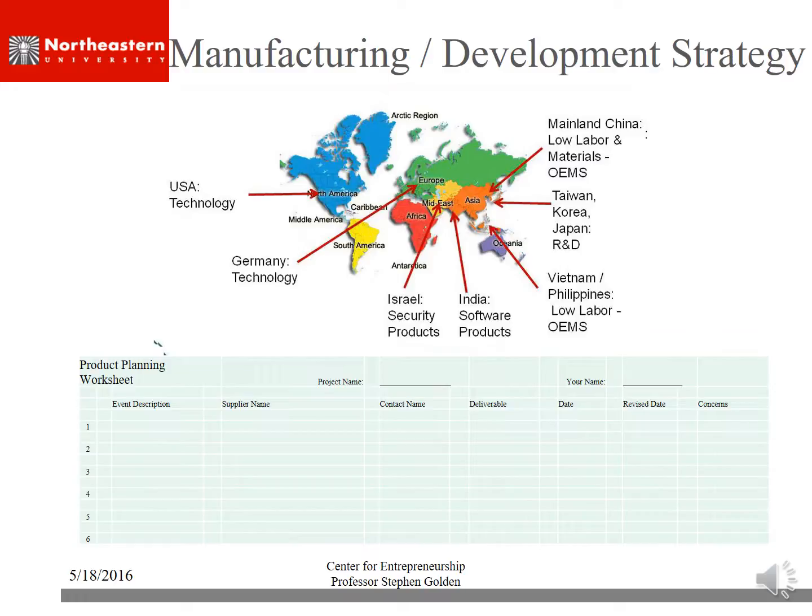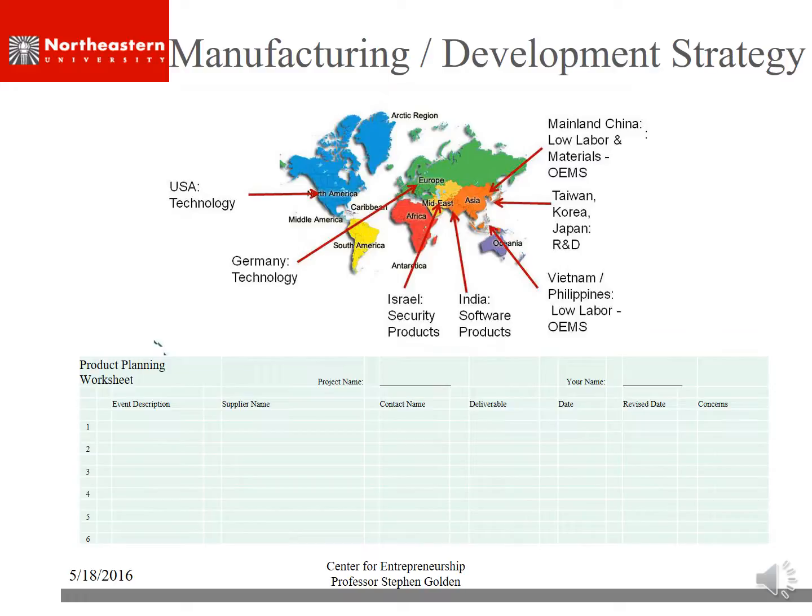You can do some really quick searches on the internet and find out who has the best supply of resources to build your product. We keep a document called a product planning worksheet, where we record the event, the component that we're working on, who we talk to, what factory or supplier, who the actual contact is there, and their telephone number.